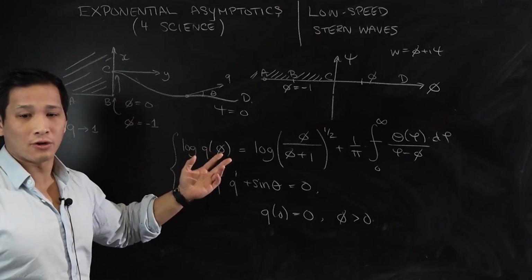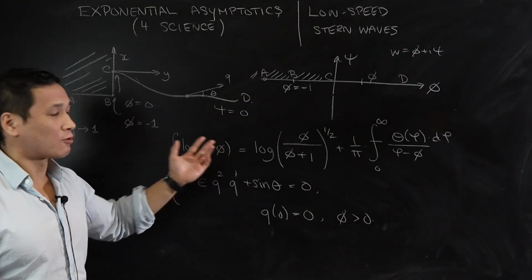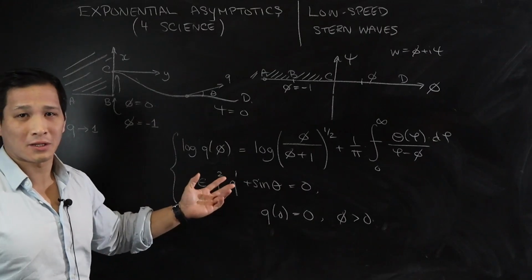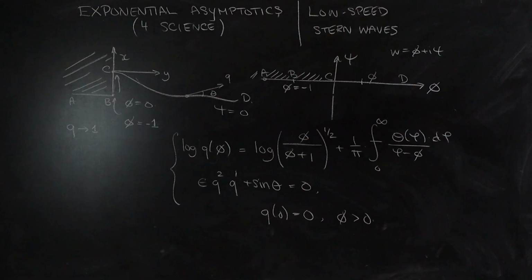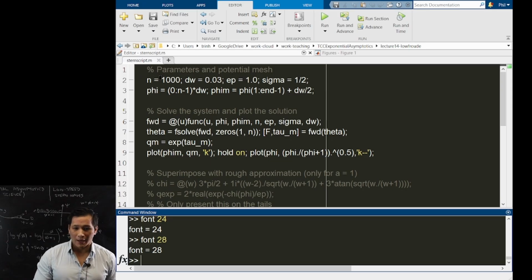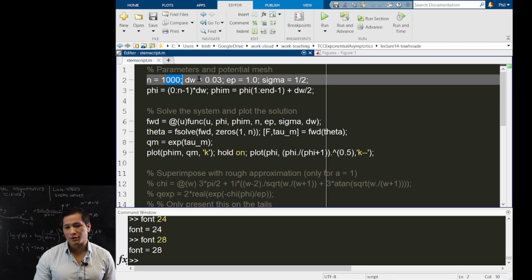Okay, let me show you a script in MATLAB where we can solve this equation in something like 10 lines of code. Right? You can see it's not very difficult at all. So I'm going to put in 1,000 mesh points in phi. Now my phi in this code is written as w.